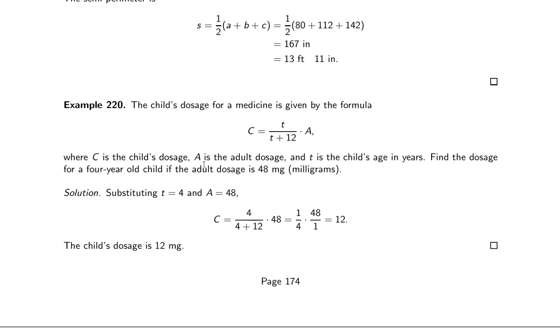A is the adult dosage. T is the child's age in years. So we're converting an adult dosage to a smaller child's dosage, and this is the formula we're using. Find the dosage for a 4-year-old child if the adult dosage is 48 milligrams. Okay, so for some medicine.